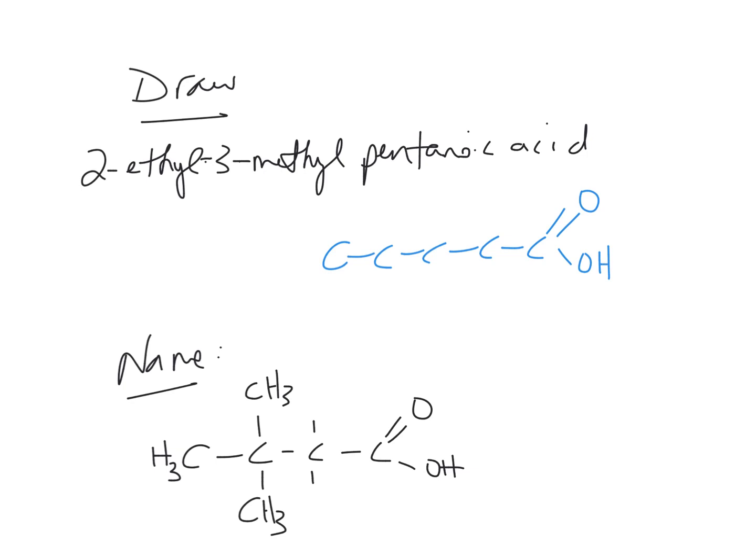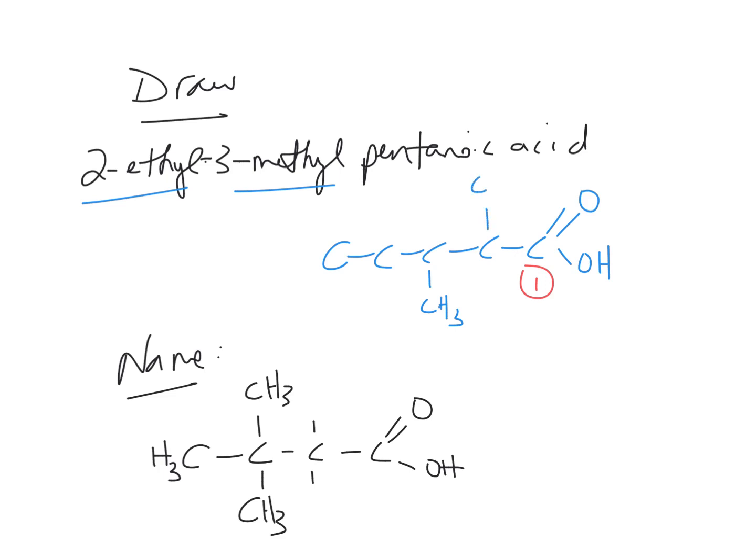Remember that this automatically becomes carbon 1 because it gets priority housing the functional group. So we want to make sure we fill the thing out with hydrogen and put these alkyl substituents in where they belong. The methyl group belongs on carbon 3, and the ethyl group belongs on carbon 2.